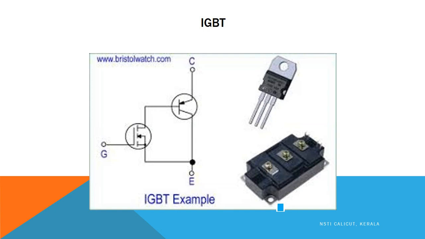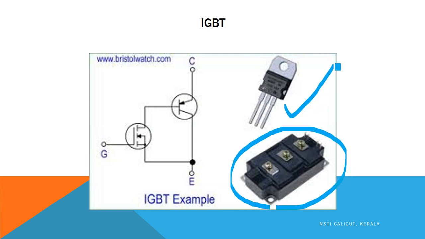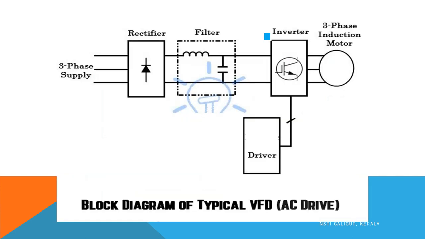The IGBT will look like this for bigger powers, and for smaller powers it can be like this. There are a lot of different packages for IGBT. We have seen that the tap is operated by a person's hand. He is driving that, and for driving the IGBT we have to give some signals, and that circuit is known as the driver circuit.